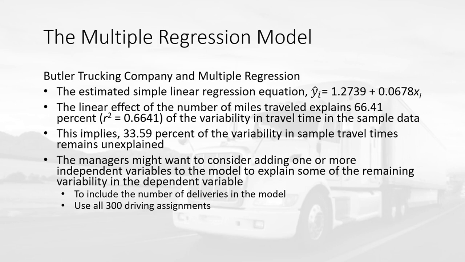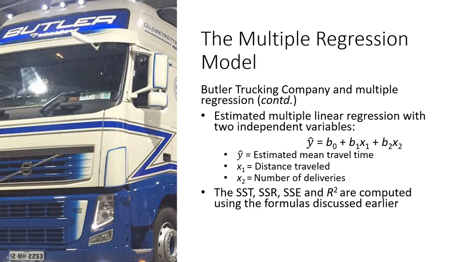What's going on? And so what we're going to do is we're going to now include the variable of the number of deliveries on each of the routes. And one thing to keep in mind is when you add more predictor variables, you need to have a larger sample size. And so we're going to go ahead and use all 300 driving assignments for this company just to make sure that we are capturing as much as we can. And so we're going to use our estimated multiple linear regression equation with two independent variables.